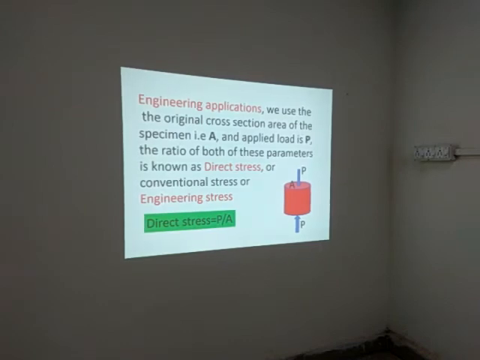So this is a type of compressive load, and the cross-sectional area over which this P acts is A. So we have the load P and the cross-sectional area capital A. Using these two, we can calculate direct stress, also known as conventional stress, engineering stress, normal stress, or transverse stress. The direct stress equals capital P by capital A. This is simply the ratio of load applied to the area normal to it.